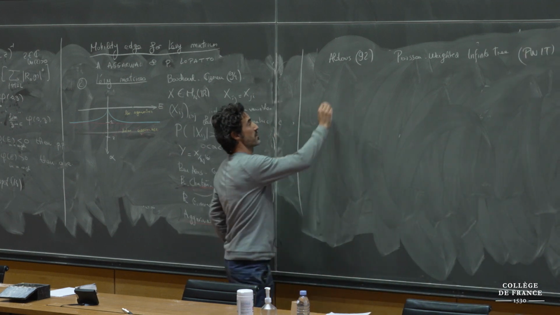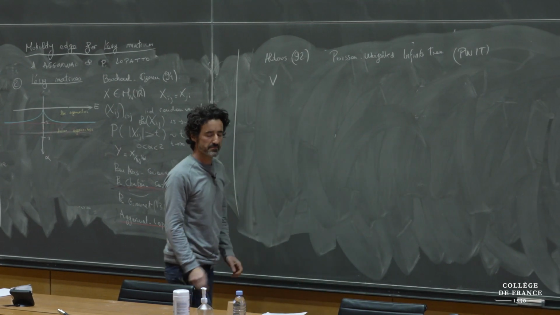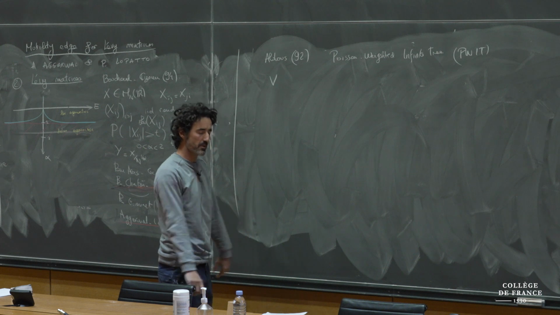So how do you define it? It's an infinite tree, but it also has an infinite number of neighbors. Every vertex has an infinite number of neighbors.